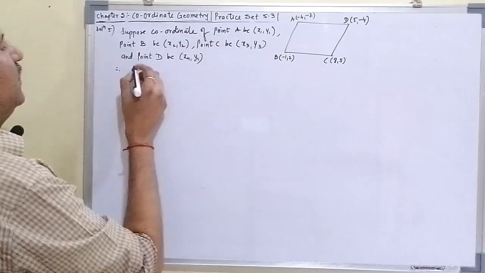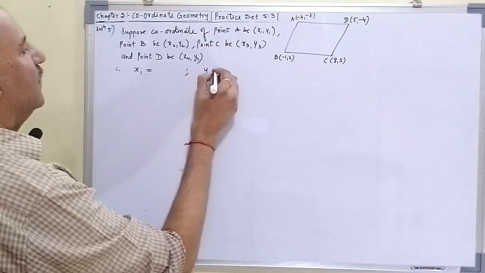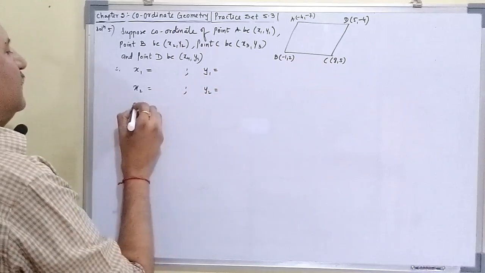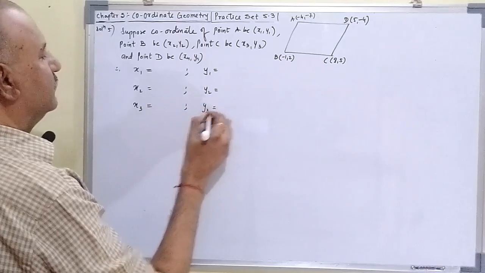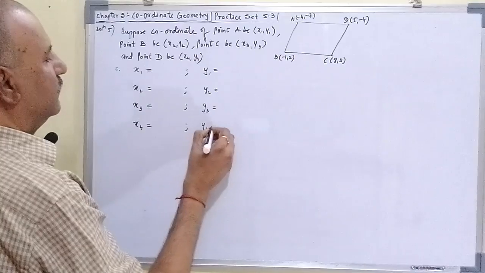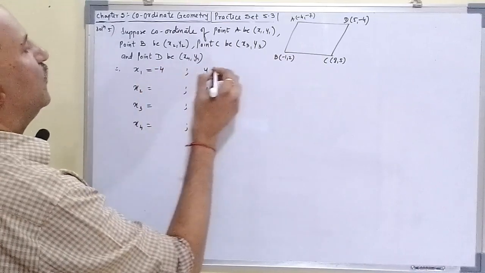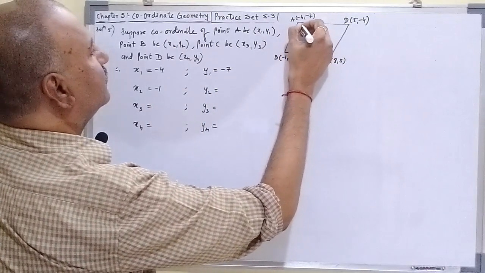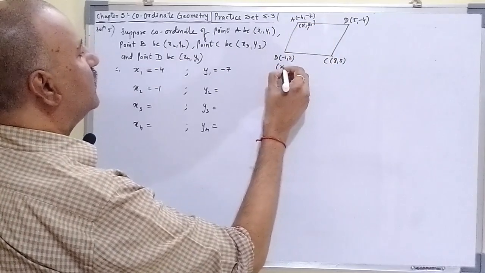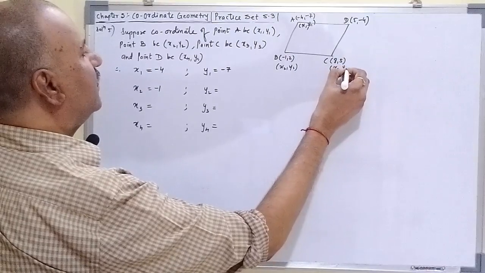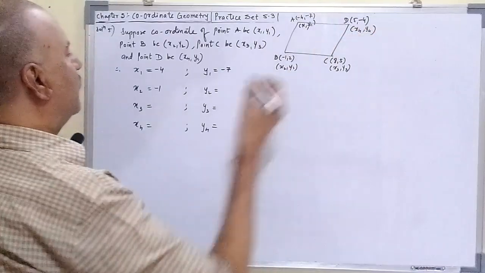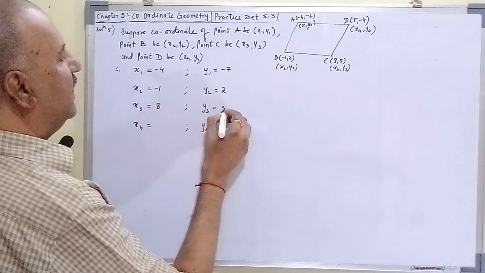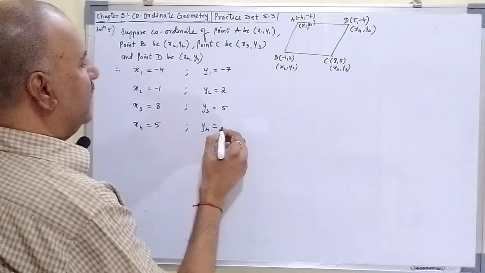Therefore, what will be x1? Keep writing. x1 is minus 4, y1 is minus 7; x2 is minus 1, y2 is 2. This is x1, y1; this is x2, y2; this is x3, y3; this is x4, y4. x3 is 8, y3 is 5. x4 is 5, y4 is minus 4.